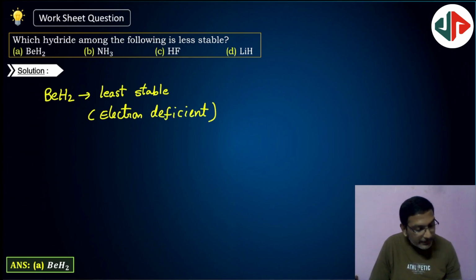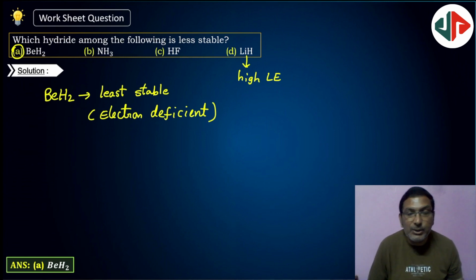Therefore option A. Remaining are stable. NH3 due to hydrogen bonding, that is stable. HF hydrogen bonding is there, stable. LiH, so it has high lattice energy. High lattice energy and therefore it is also stable. BeH2 due to covalent nature, highly unstable.